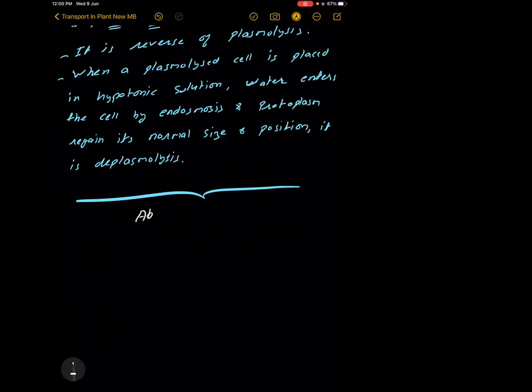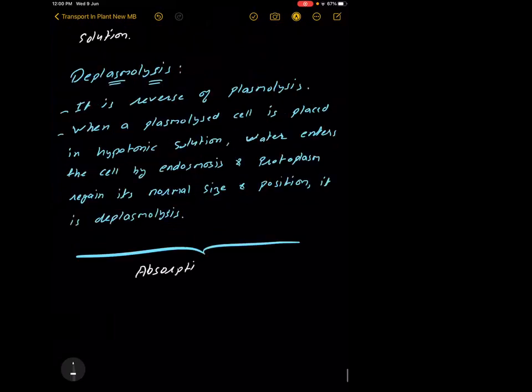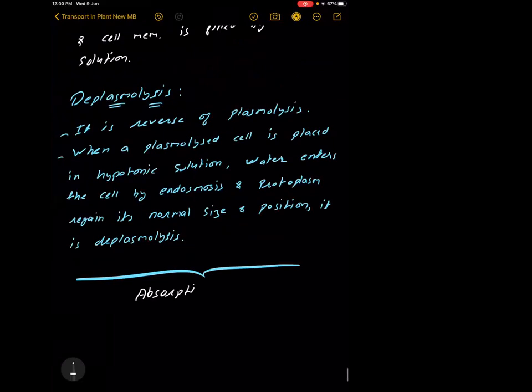Sir, can you scroll? Absorption of water by plants. Okay.